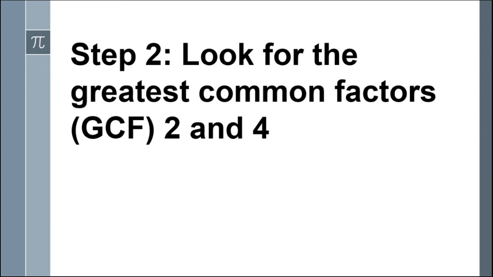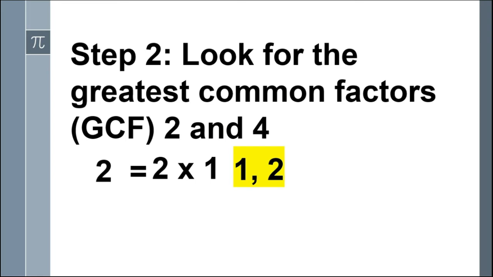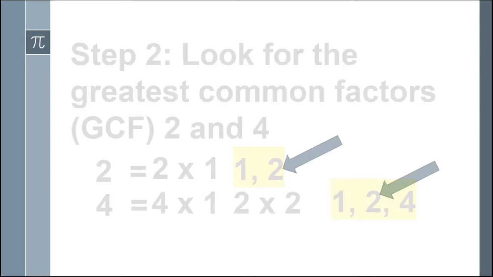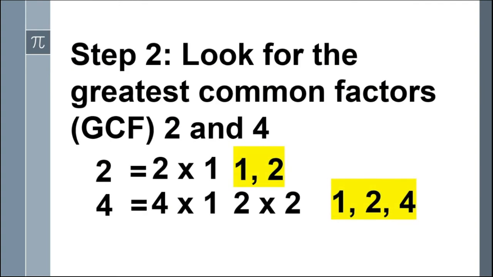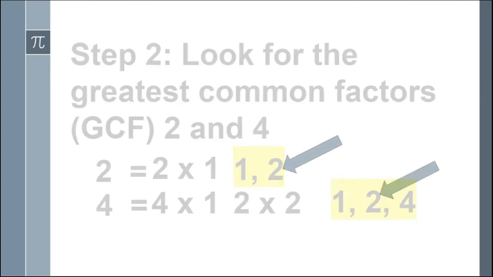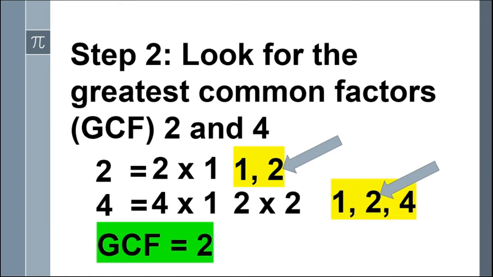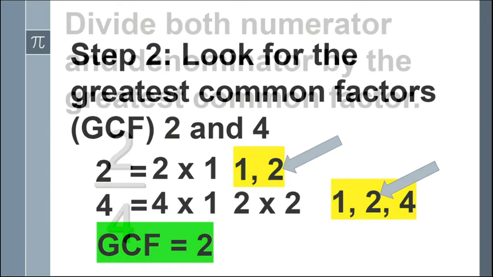Okay, so look for the greatest common factor or GCF of 2 and 4. Ayan yung 2. Ayan yung 4. So, 2 ang greatest common factor niya. The GCF is 2.